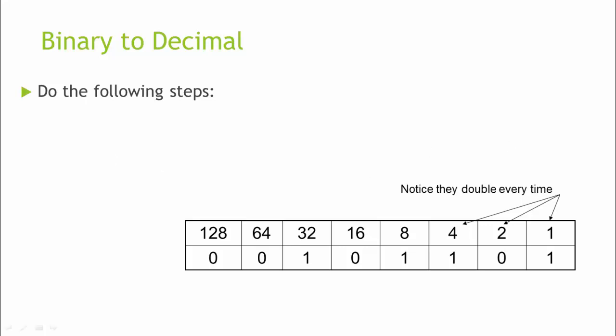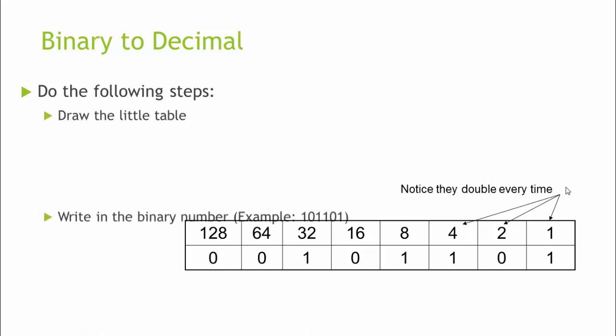Notice that the digits double each time. So 1, 2, 4, 8, 16, 32, 64, 128, 256. You get the idea. When you go to do these conversions, draw this table in ink. Draw it at the top of your test paper, and then you can simply fill in the numbers in pencil each time and erase them.